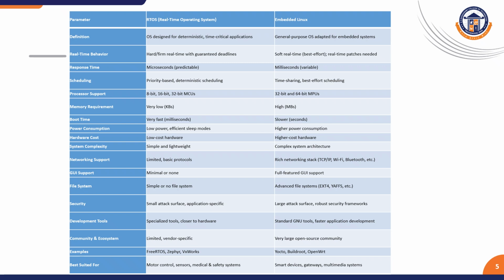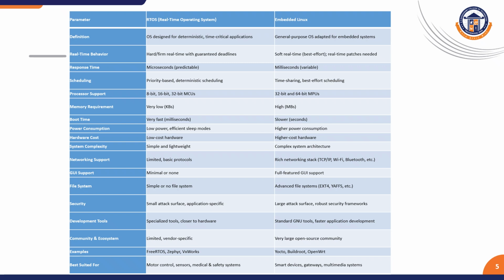The definition: the real-time operating system is designed for deterministic and time-critical applications, whereas embedded Linux is a general-purpose OS adapted for embedded systems. As for behavior, the real-time operating system may be hard or firm real-time with guaranteed deadlines, but embedded Linux is soft real-time. A hard real-time system is strict with timing, while a soft real-time system does its best and is not strict for time-critical needs.